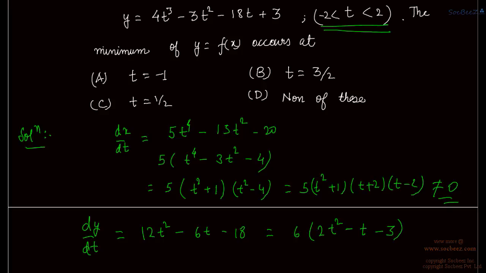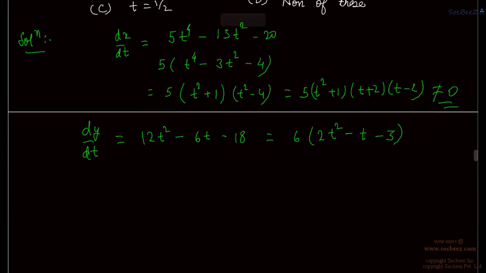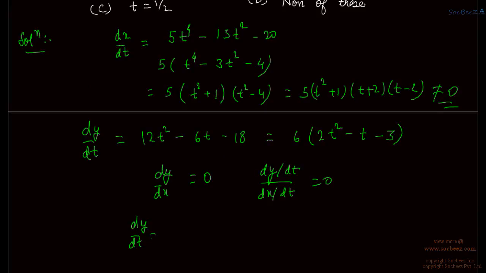So for minimum or maximum to occur, dy by dx must be equal to 0, right? So dy by dx can be written as dy by dt upon dx by dt, is equal to 0. So basically we have dy by dt equal to 0, or we can say that 2t square minus t minus 3 is equal to 0, right?